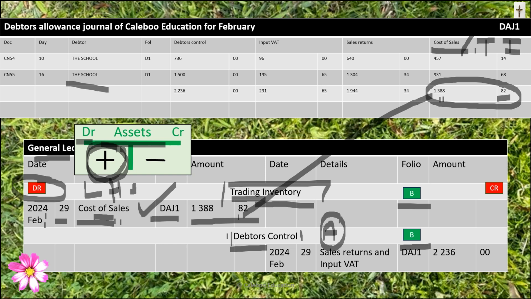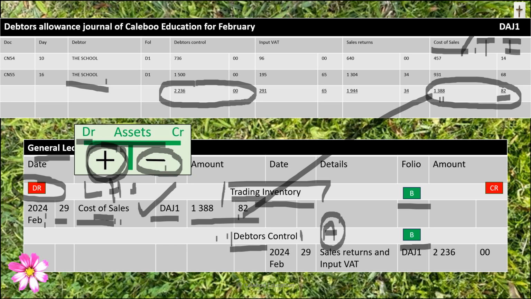And the school has been credited with 2236 in total, and that means that the school debtors control, a debtor is an asset, a current asset. Remember, a current asset is an asset that is either cash or something that's going to be converted into cash within our financial year.